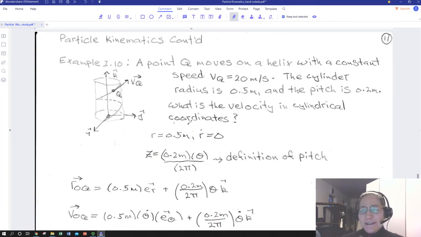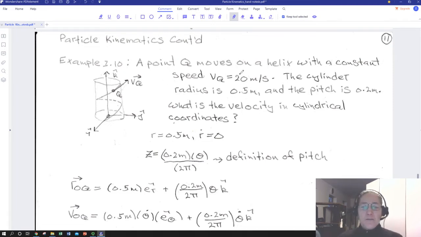So speed, okay, we're going to have to interpret what speed means in this context. And we're given a cylinder radius and a pitch. A pitch means how far up do you go with every revolution around. So it's basically a dz d theta, with theta being 2 pi all the way around.